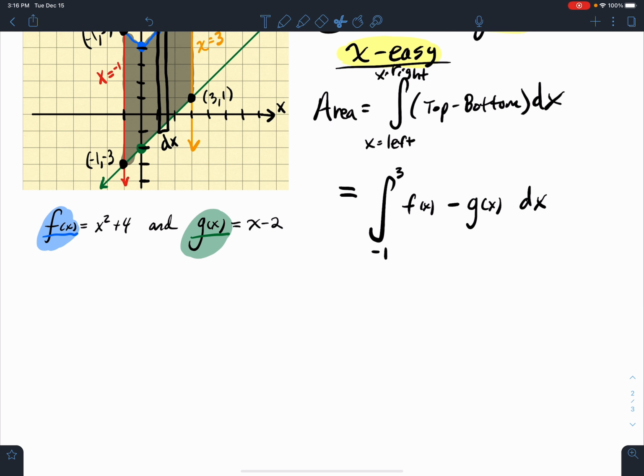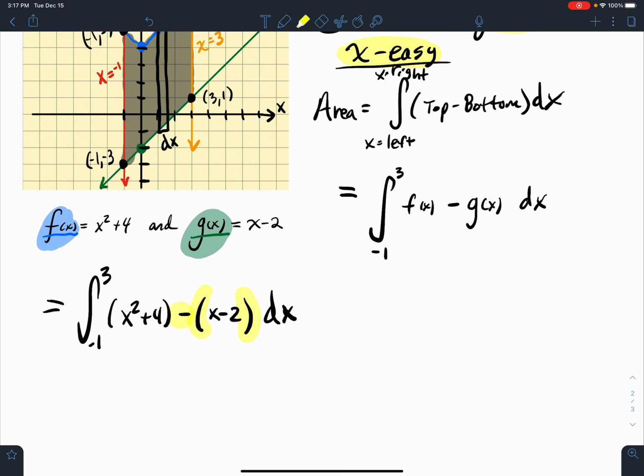So this is equal to the integral from -1 to 3 of parentheses x squared plus 4 minus parentheses x minus 2. Where I see students mess up is they don't put their parentheses around this minus part, and then they only distribute to that x and not to the -2 as well. So I emphasize putting a parentheses around both so that you don't mess it up.